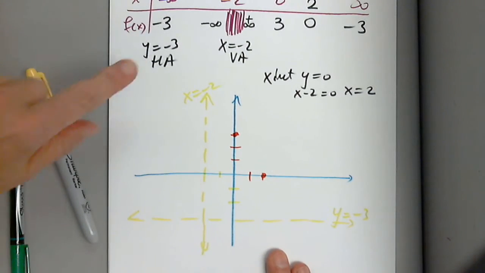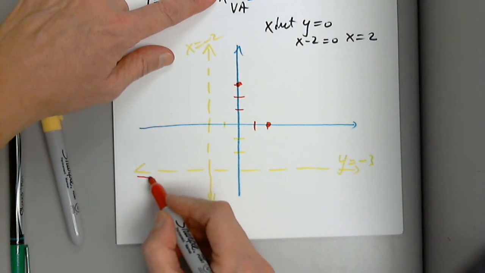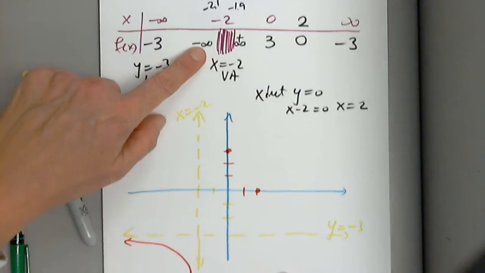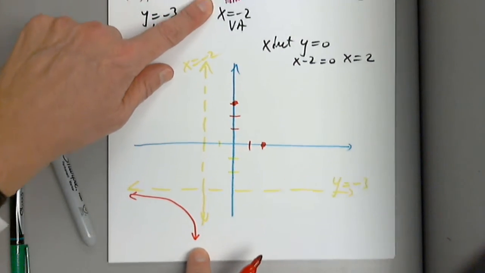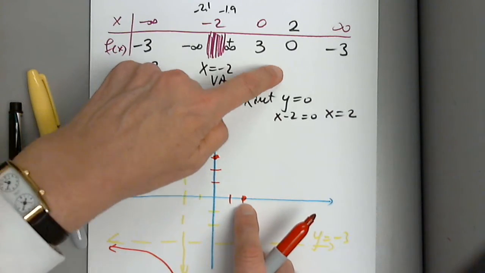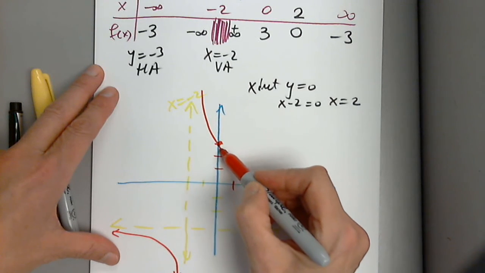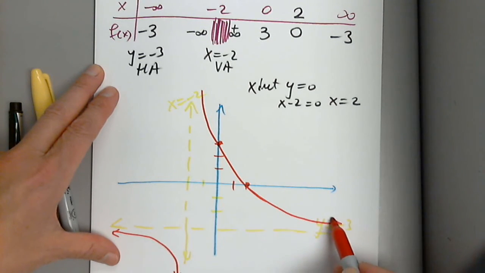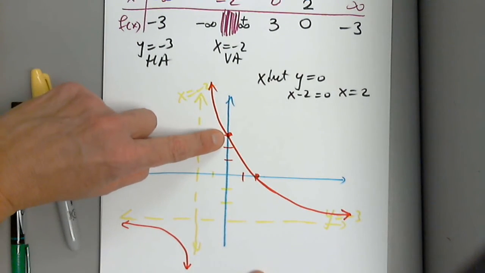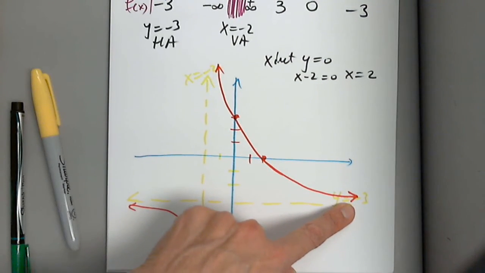And now let's look again at the table. The table says from -3 to -infinity. Okay, from -3 to -infinity. Then from positive infinity, crossing at 0, 3, crossing at 2, 0, and approaching -3 towards infinity.